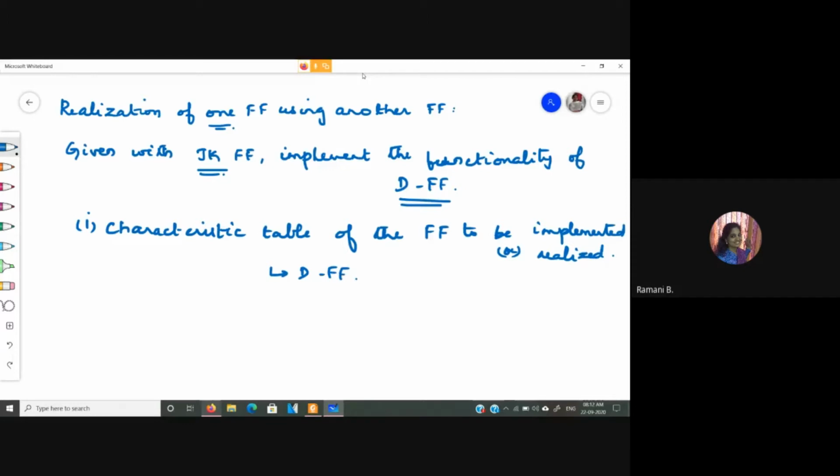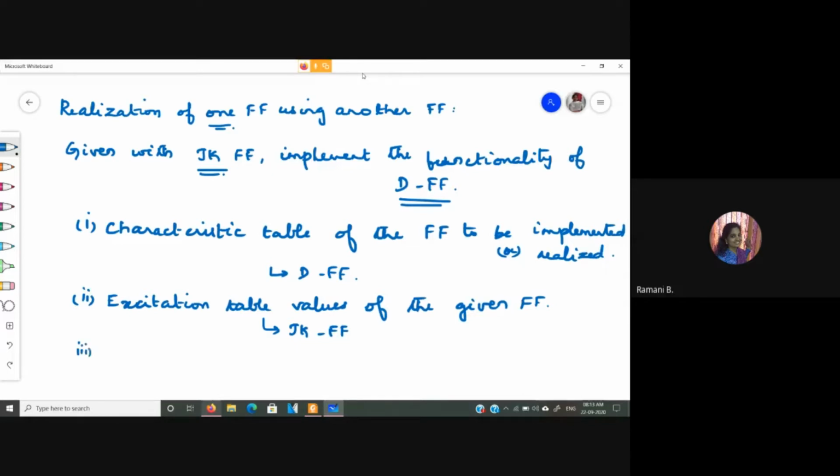From this table, having the present state and next state values, you write the excitation table values of the given flip-flop. That is, here it is the JK flip-flop.